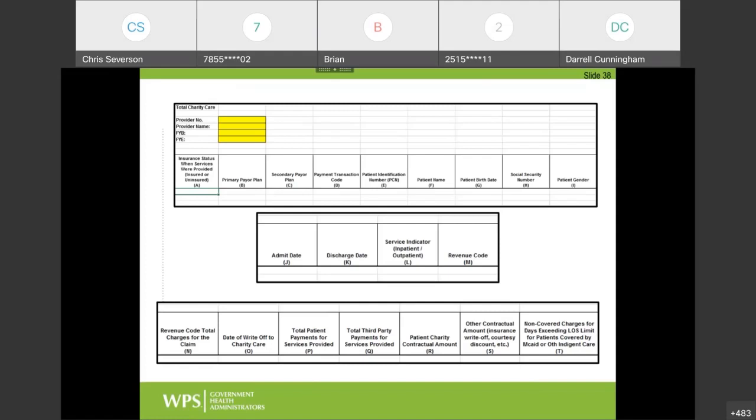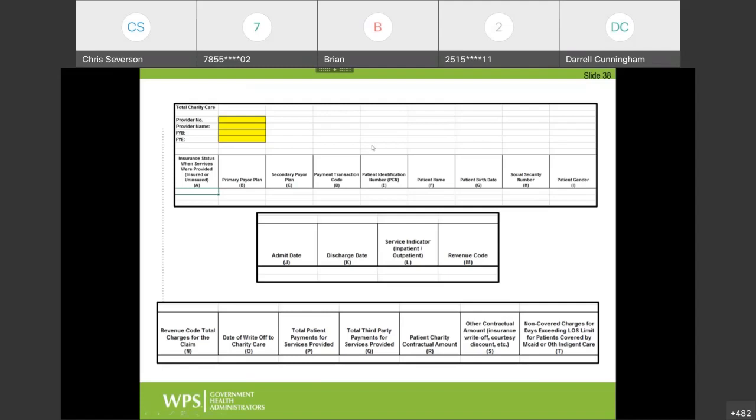Yeah, so what you heard was on the bad debt listing, there's a charity care column, because we're trying to figure out where did those charges go before they ended up as bad debt. That particular charity column would be charity care for those claims, regardless of what year was written off as charity care. But for your actual charity care listing, it's only those written off that period. So it's kind of the weird part. This is your charity care listing that I'm showing right now.